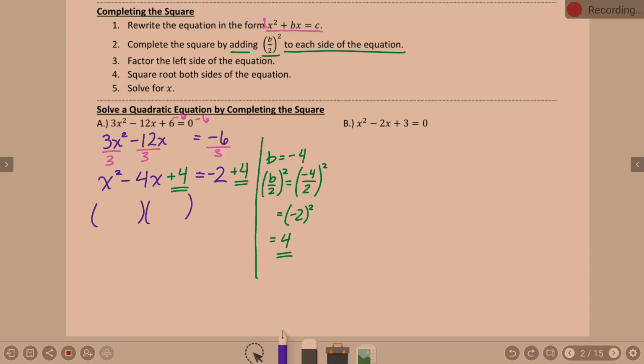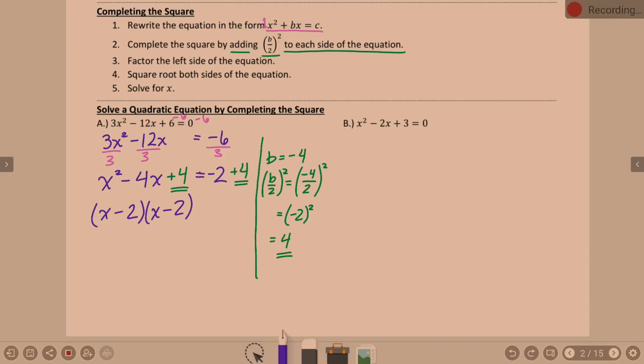X squared breaks into what? X and X. What multiplies to be 4 and adds to be negative 4? Negative 2 and negative 2. Or, let me shortcut it. What's the square root of 4? 2. That's always going to be a perfect square that you can then break up. Since it adds to be negative 4, it's negative 2, negative 2.